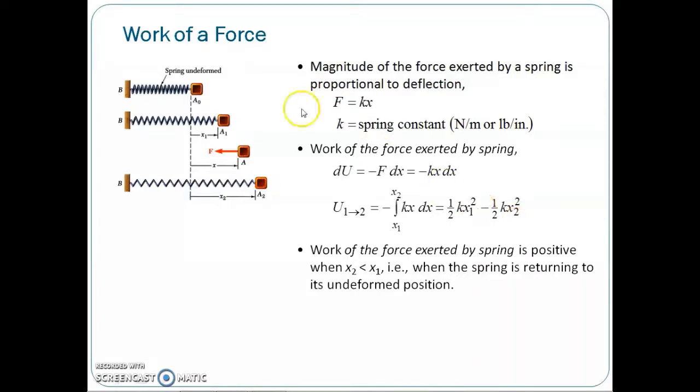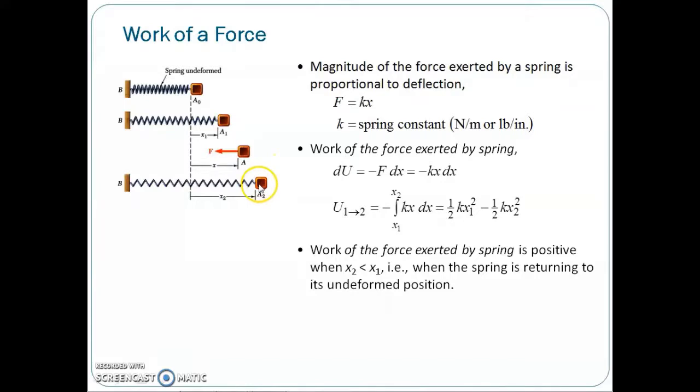So in this case, when the body is extended from A1 to A2, where x2 is larger than x1, we will have a negative work of the force.